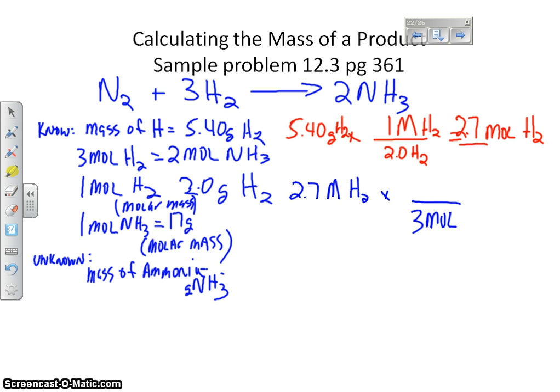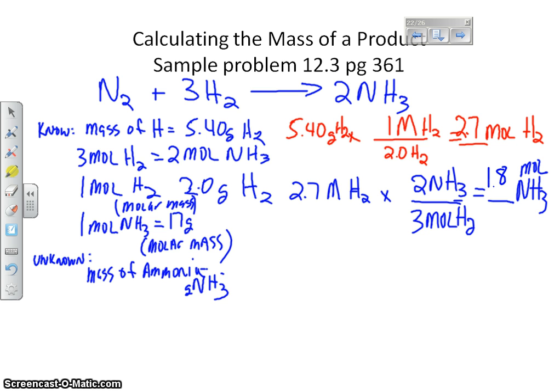We're trying to get to NH3, so it's 2. And that is going to give us moles of NH3. Okay? And when we do that calculation of 2.7 times 2 over 3, we get 1.8.